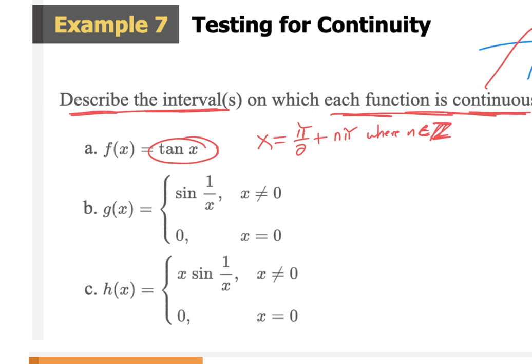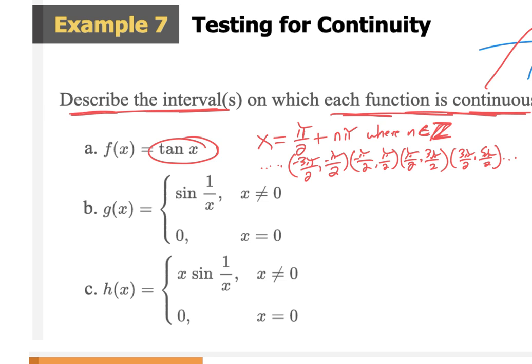So that means it's continuous from negative pi halves to pi halves. Those are open intervals, okay, because we know it will not be on a closed interval. And from pi halves to 3 pi halves, and 3 pi halves to 5 pi halves, and it will keep going that direction, and we could keep going this direction from negative 3 pi halves to negative pi halves, and keep going that way.